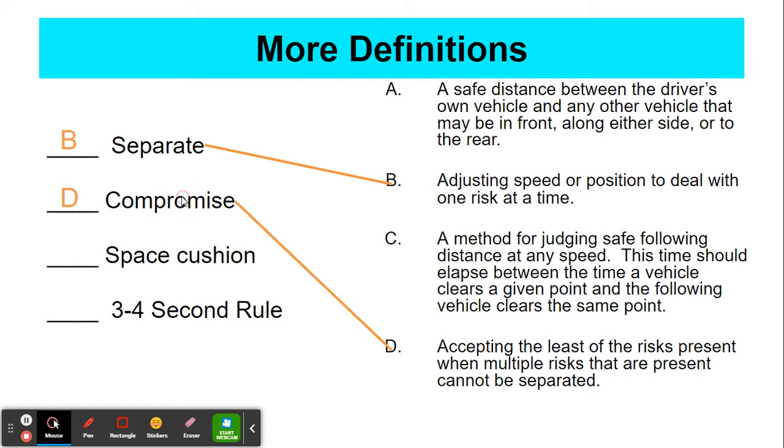Okay, so compromise is accepting the least of the risks present when multiple risks that are present cannot be separated. I don't like saying that only because it sounds to me like you have to make a choice between making a head-on collision with a car coming into your path of travel or hitting a guardrail or something like that.